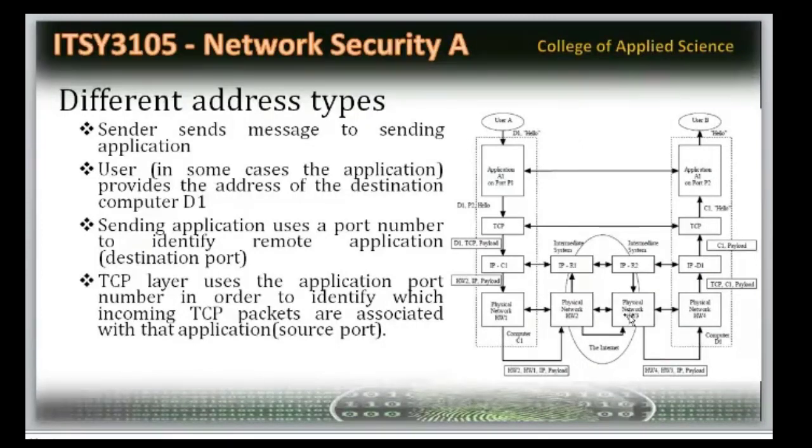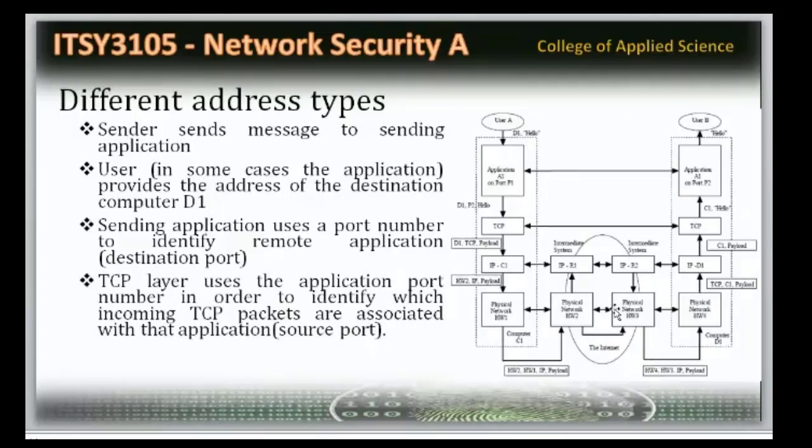In between 1 and 4, 2 and 3 are available. Let me repeat: this is 1, this is 2, this is 3, and this is 4. There are 4 machines available. 1 wants to communicate with 4, and in between we have 2 and 3.